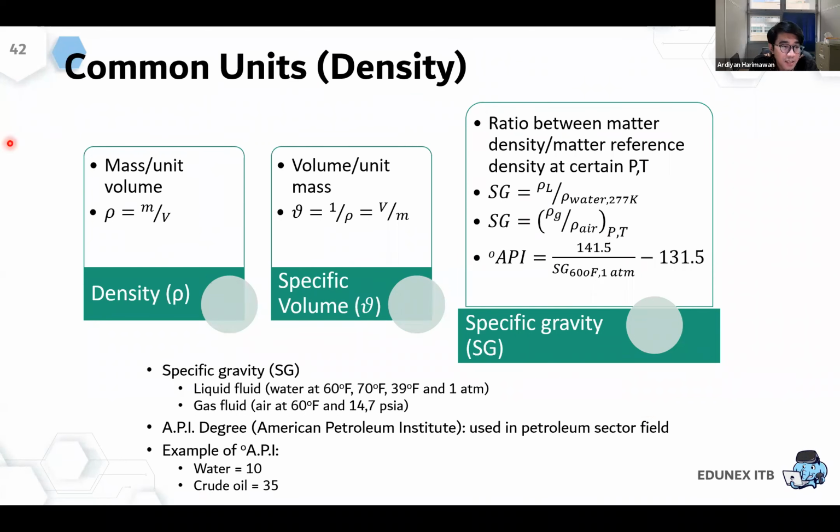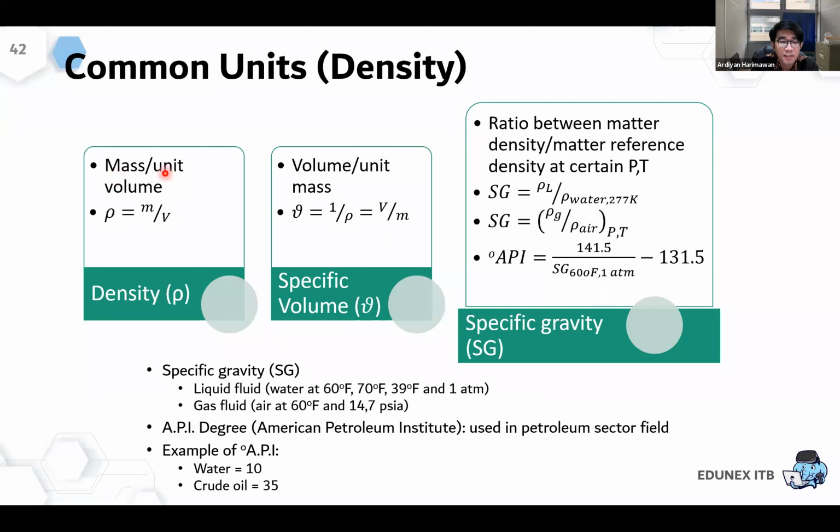Density we already studied. Sometimes we use density not in density terms, but as a specific volume. Specific volume is the reverse term of the density. So if the density is mass over volume, the specific volume is volume over mass.